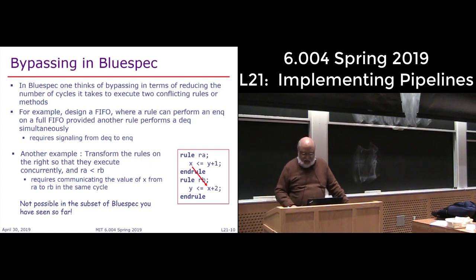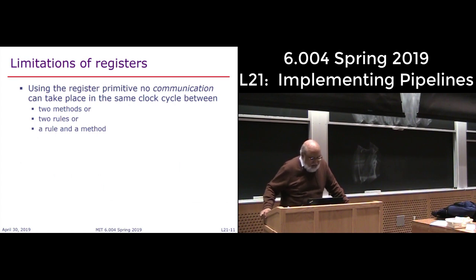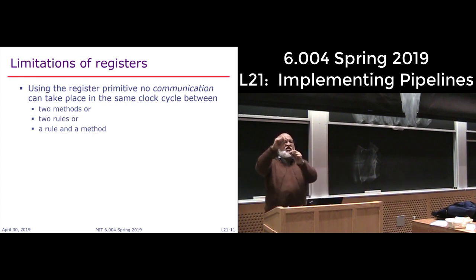So that's what I want to tell you about. So, limitations of registers. That's all you have seen so far, registers. And the limitations are that two methods cannot communicate with each other. A rule and a method can't communicate with each other. Two rules can't communicate with each other in the same cycle.